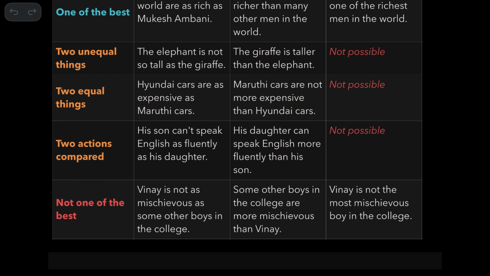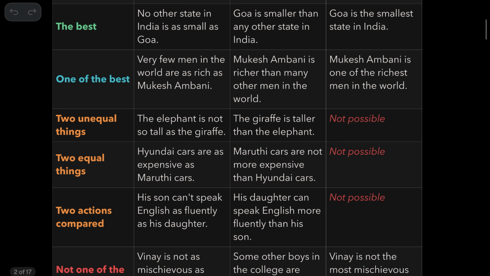So you have not, followed by the superlative degree, and here the comparative form starts with some other, and this is slightly different: not as mischievous as some other boys in the college. So to let you understand the pattern well, I'm going to give you several examples for each of these six patterns.